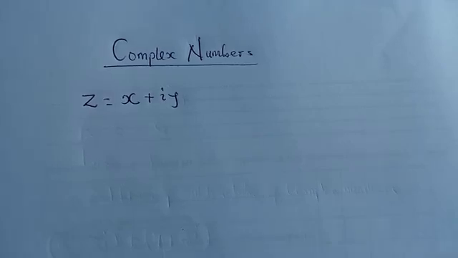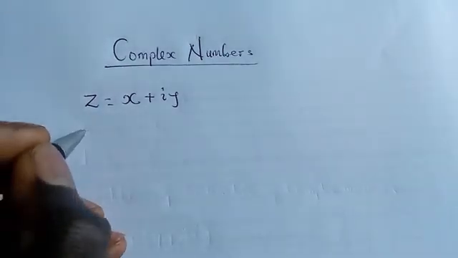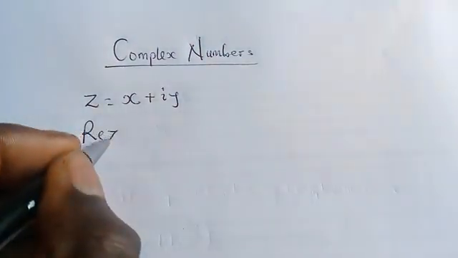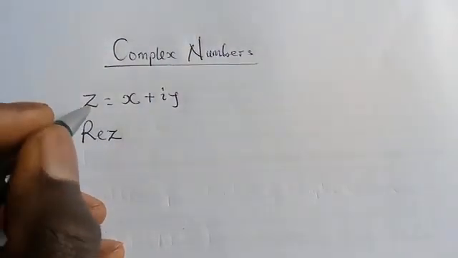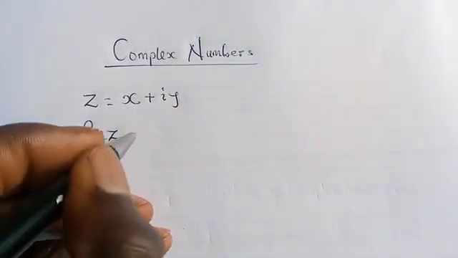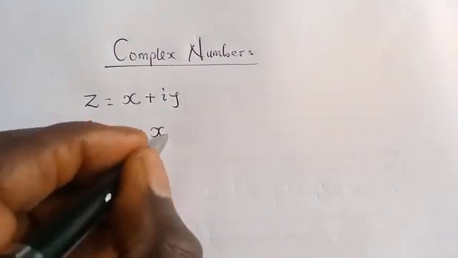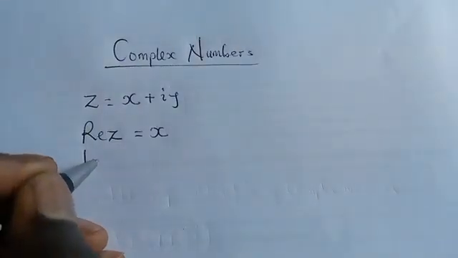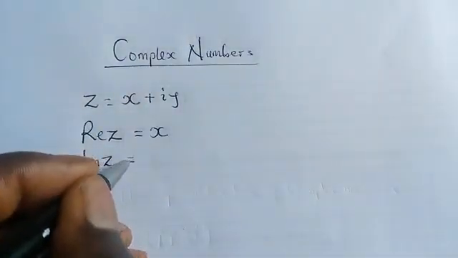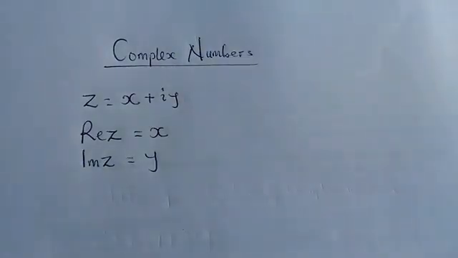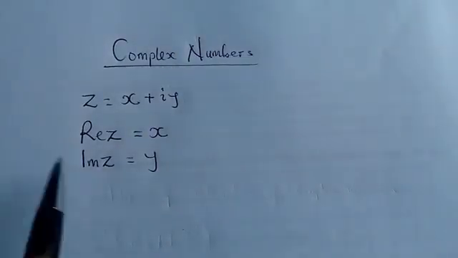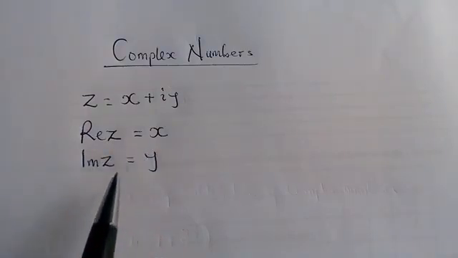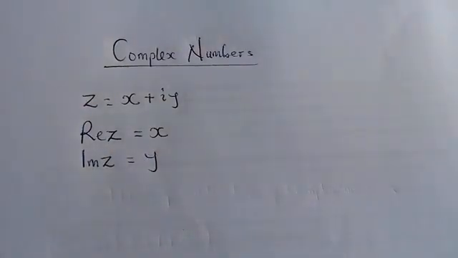The real part is denoted by Re z, that is the real part of this complex number, equal to x, while the imaginary part is denoted by Im z, equal to y. So while this is the real part, y is the imaginary part.